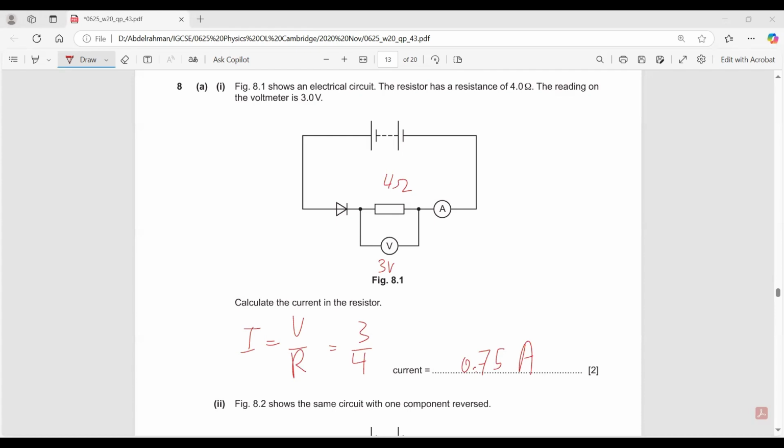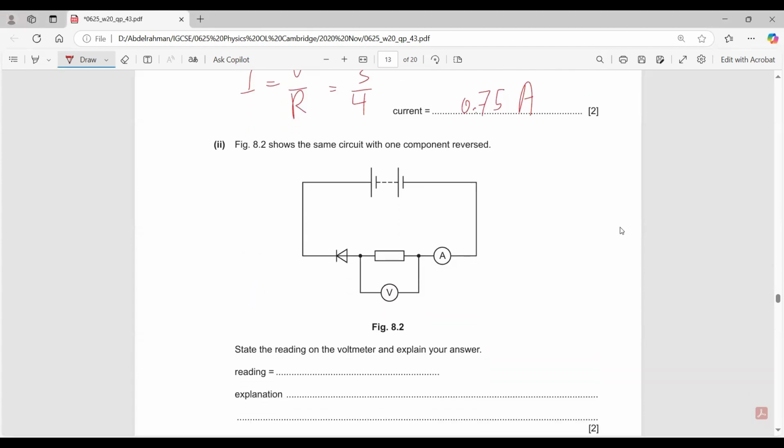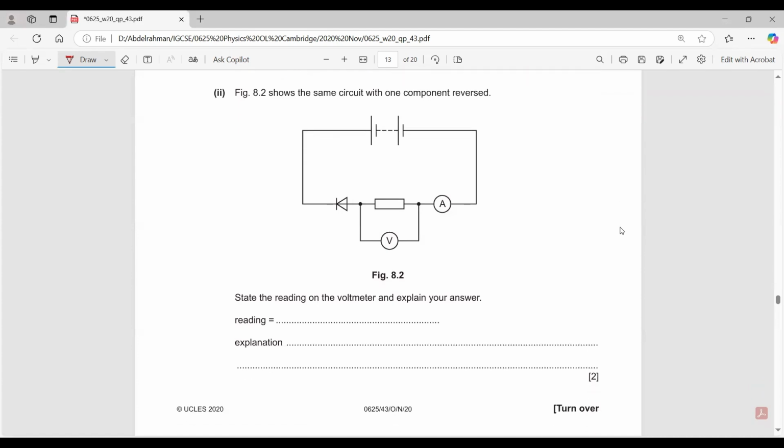Figure 8.2 shows the same circuit with one component reversed. What is the reading on the voltmeter now? Is this circuit operating? No, it's not operating. Why? Because this is a diode. As the current passes through the diode, it won't be able to pass.